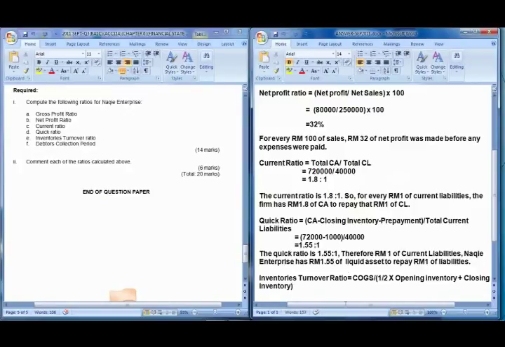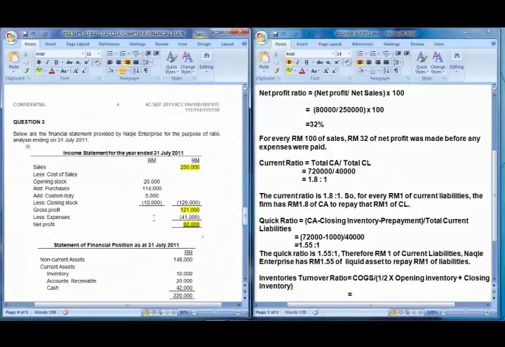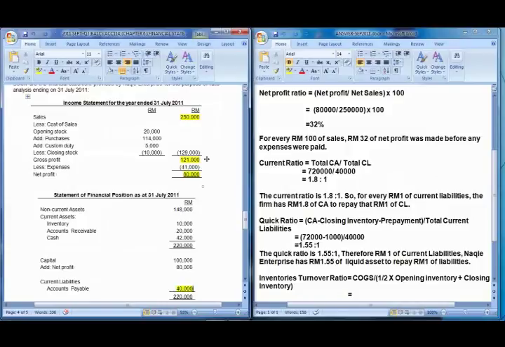Okay, class. The first step is we must find the cost of goods sold based from the information given. Okay, the value of cost of goods sold is 129,000. Then the value of opening inventory is 20,000. Then the value of closing inventory is 10,000.